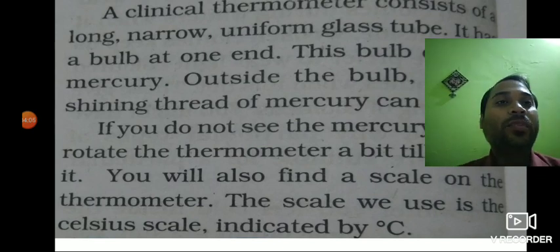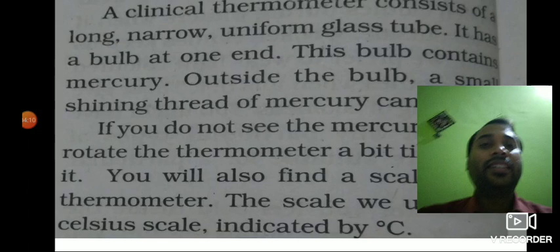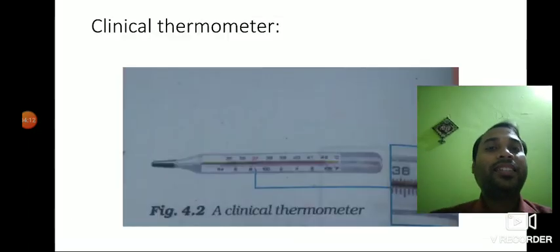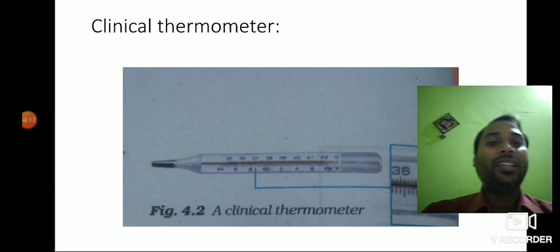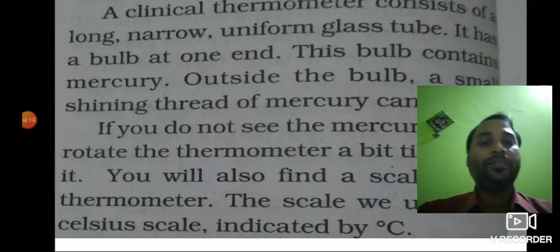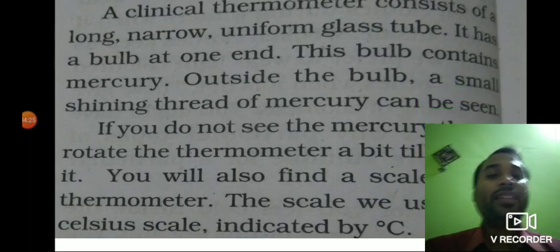A clinical thermometer consists of a long, narrow, uniform glass tube. It has a bulb at one end. So we can see it is a long, narrow glass tube made of glass, and at one end we have mercury. This bulb contains mercury. Outside the bulb, a small shining thread of mercury can be seen.